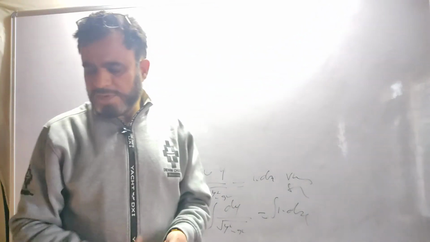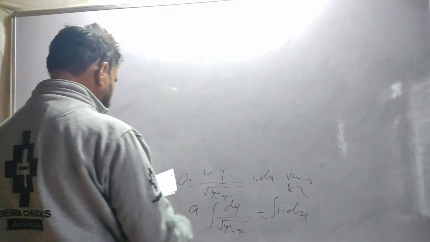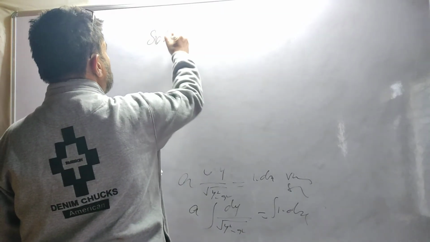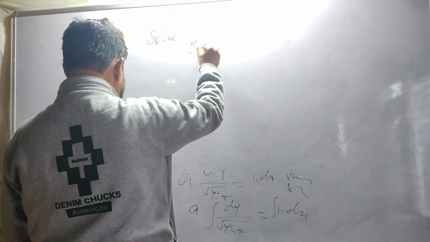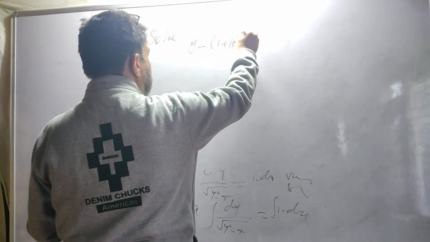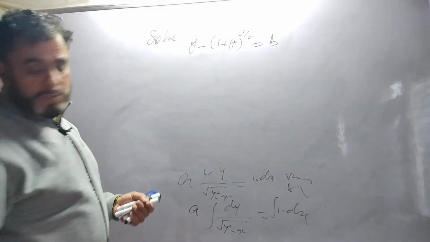You have to see which one will be the simplest one. You will go accordingly. Suppose you have one more problem here. You want to solve a mixed problem. Solve: y minus 1 plus p square raised to the power minus 1 by 2 is equal to b. You want to solve this one.